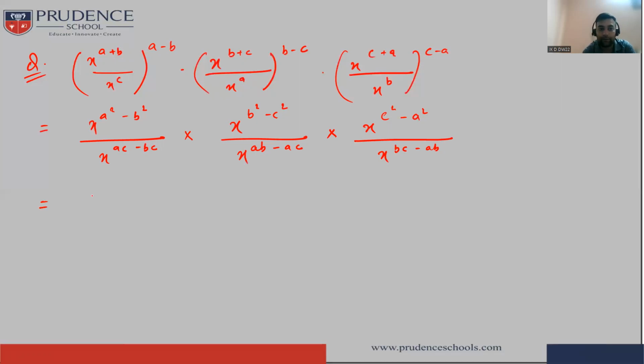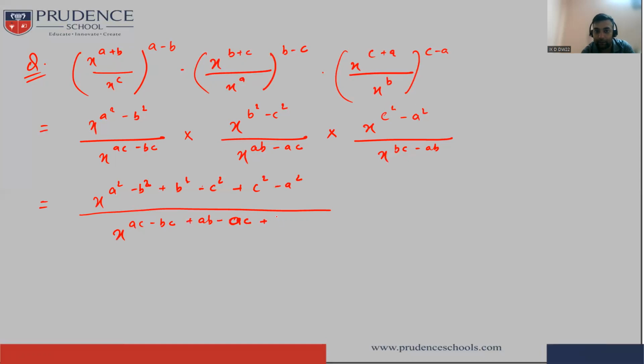So now all the numerators, the powers will get added for the numerators: a square minus b square plus b square minus c square plus c square minus a square. And similarly in the denominator also, ac minus bc plus ab minus ac and plus bc minus ab.